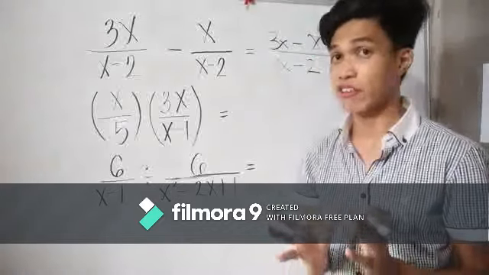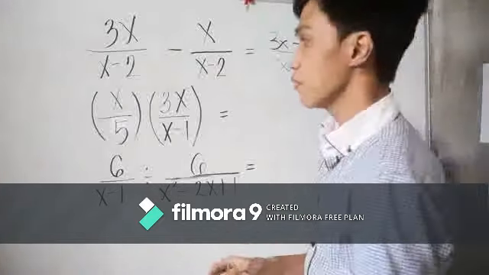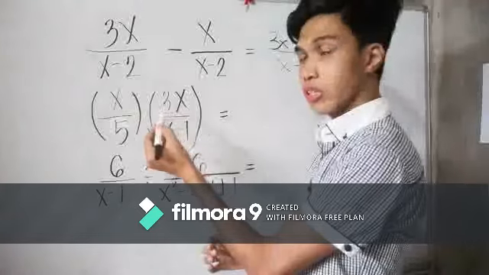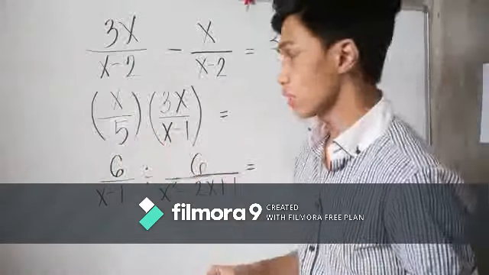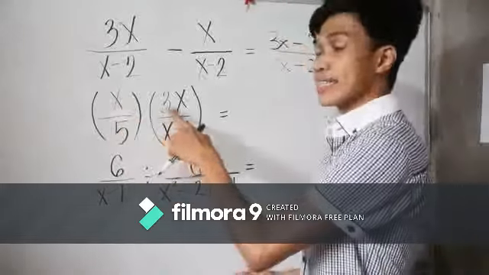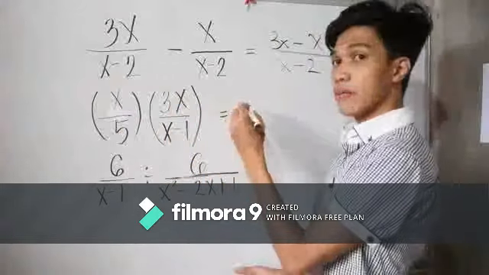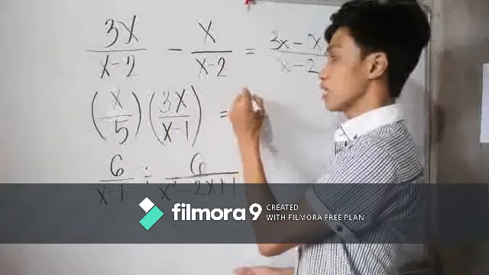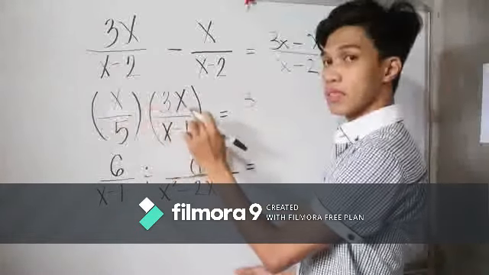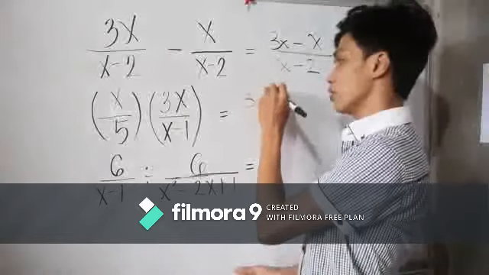The basic principle for multiplication is numerator to numerator, denominator to denominator. x times 3x: 1 times 3 is 3, x times x is x squared.